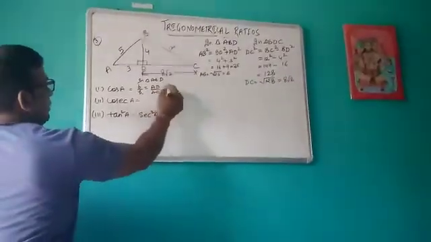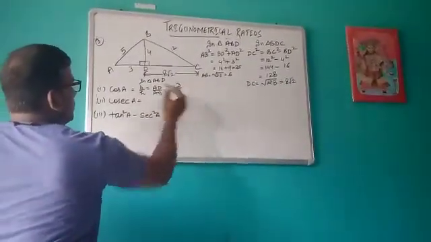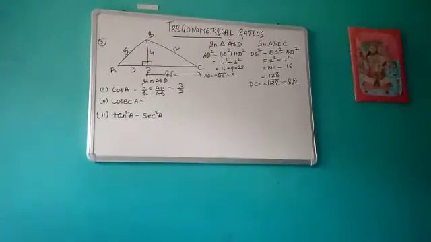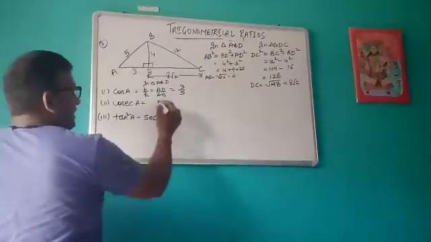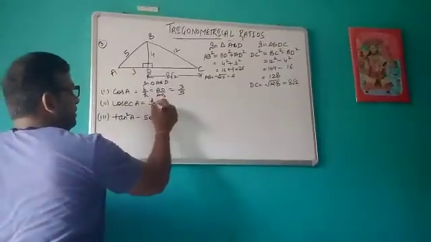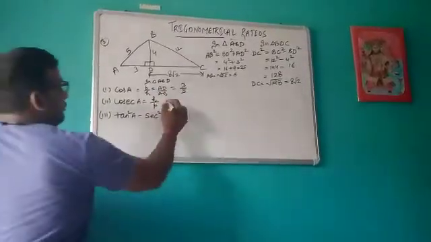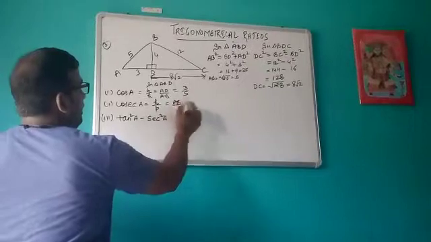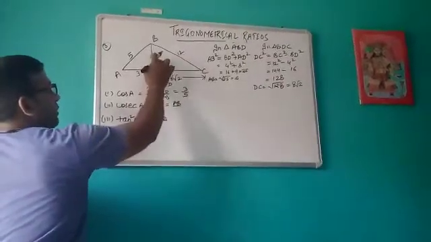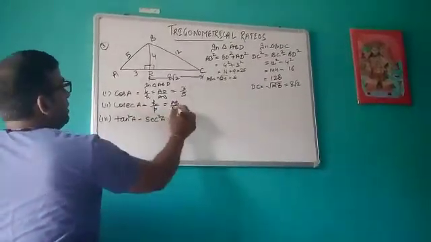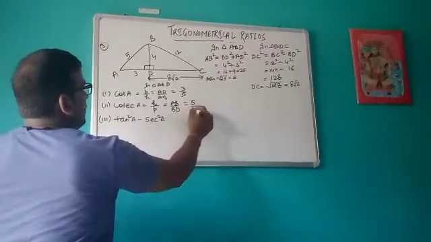AD. And what is H? AB. So it is 3 upon 5. Similarly, cosec A is the inverse of sine, so it is H upon P. What is our H? AB. And for this A, what will be your perpendicular? BD. So it will be 5 upon 4.